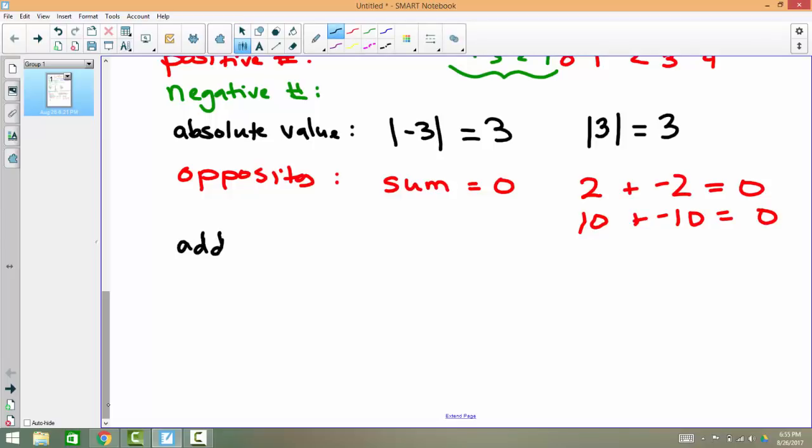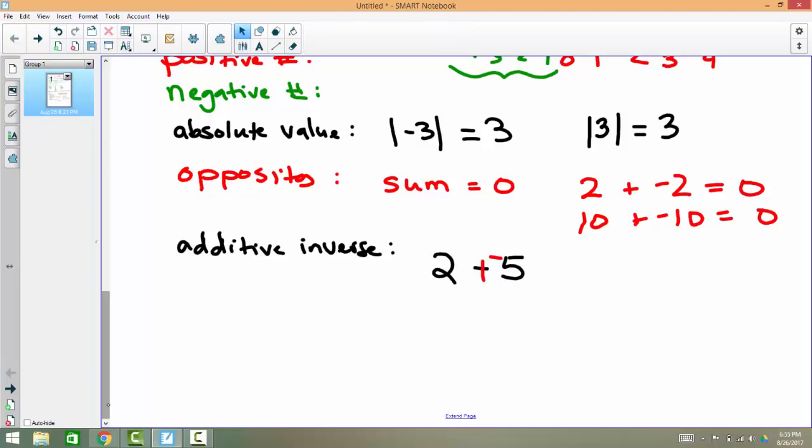Additive inverse is one of my favorite things because essentially if you have a negative, that means that you can add the opposite. So I like to call it slash and dash because essentially you are making it a positive and changing the sign behind it. So 2 minus 5 is the exact same thing as 2 plus -5. The additive inverse of -5 is plus -5.